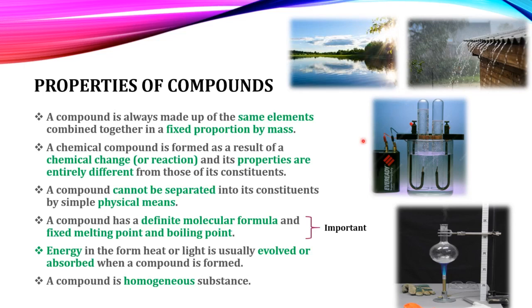The next property is that a chemical compound is formed as a result of a chemical change or reaction, and its properties are entirely different from those of its constituents. This means that a compound is made up of some different elements, but its properties are totally different from those of the elements it is made up of. Let's consider water again.